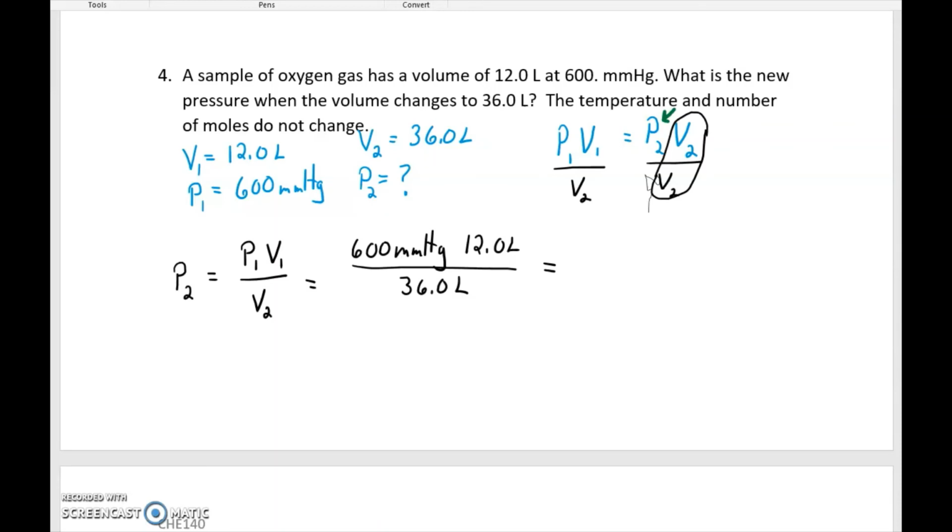We'll see here that liters cancels. That leaves us with millimeters of mercury for our units. 600 times 12 divided by 36 gives us 200 millimeters of mercury.